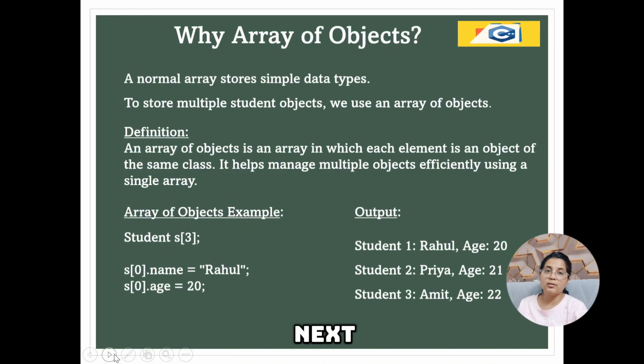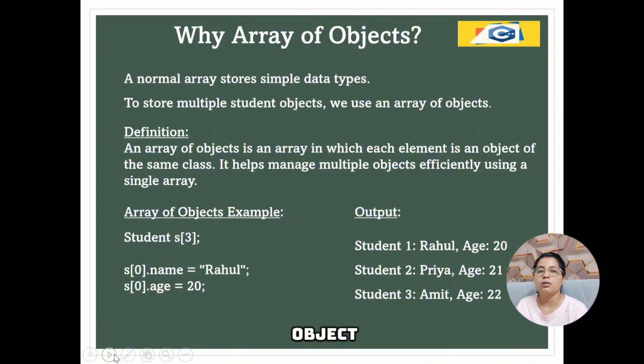So moving on to the next slide. Why array of objects? In the previous slide we have seen a normal array. Now, array of objects basically means when I need to deal with multiple objects. As we know in C++, the entire program revolves around objects, classes and methods. How to call the method?